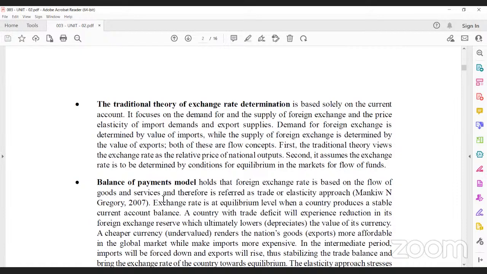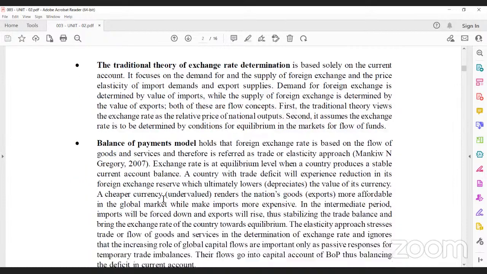Based on this, the traditional theory determines the exchange rate. Firstly, the traditional theory views the exchange rate as a relative price of national outputs, whereas it also assumes the exchange rate is determined by conditions for equilibrium in the market for flow of funds.